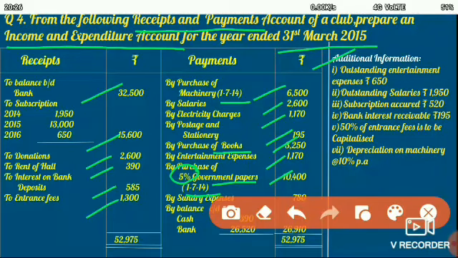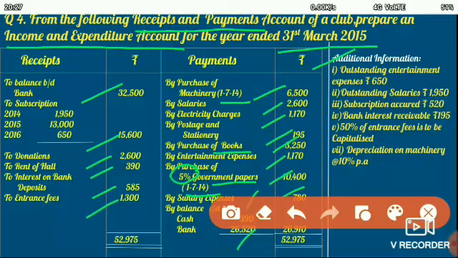Then the organization paid sundry expenses of 780 during the year. The organization had a closing balance of cash rupees 390 and a closing balance of bank 26,520. So I hope you have understood the information which is provided in the receipts and payments account.